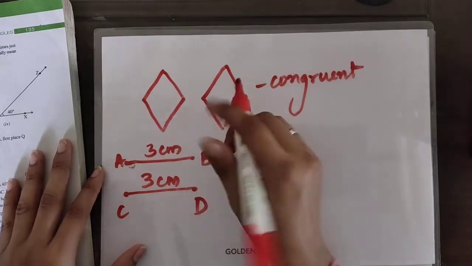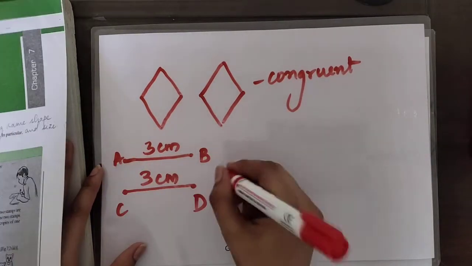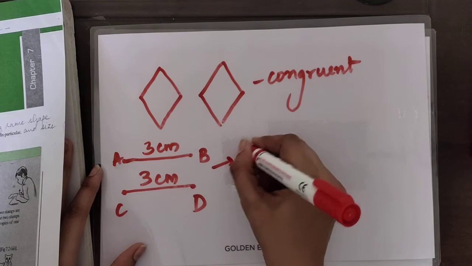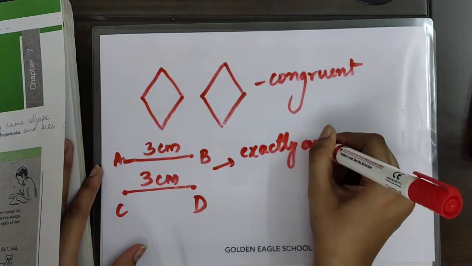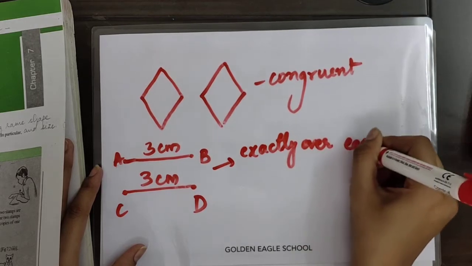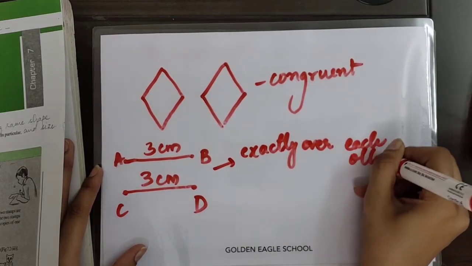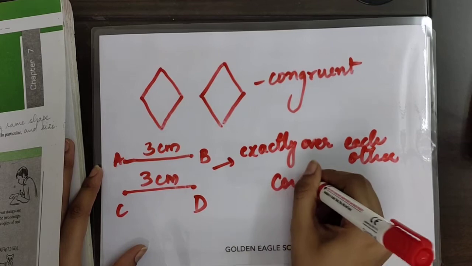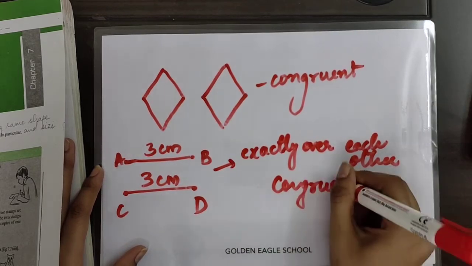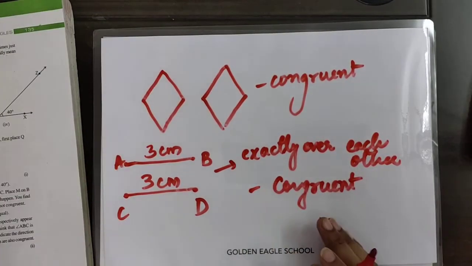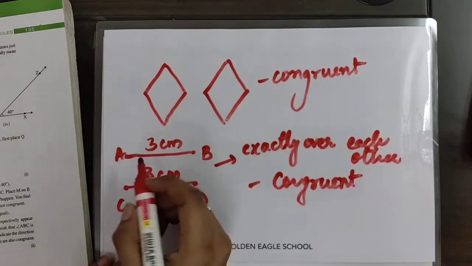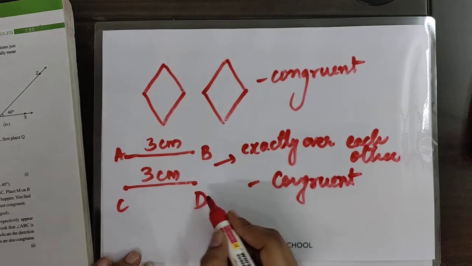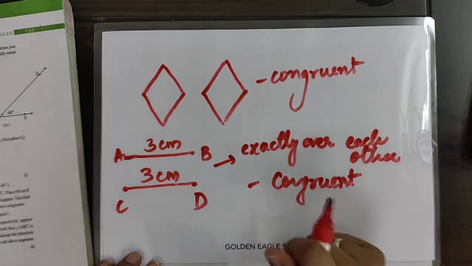But when we superimpose them, then they are exactly over each other. So they are congruent. We can just place this line over this line by using a trace paper.